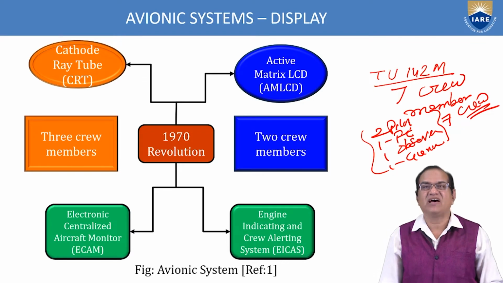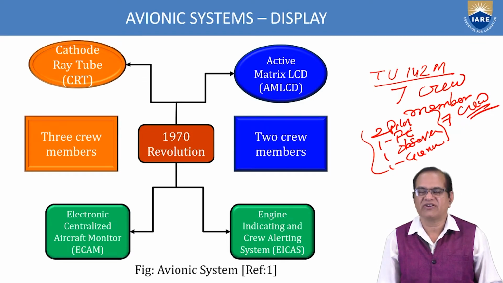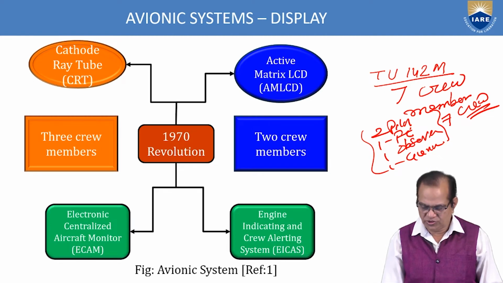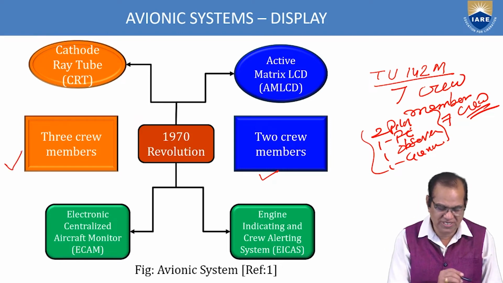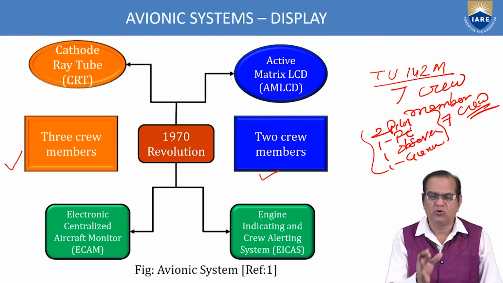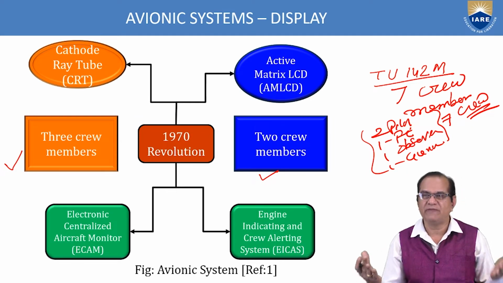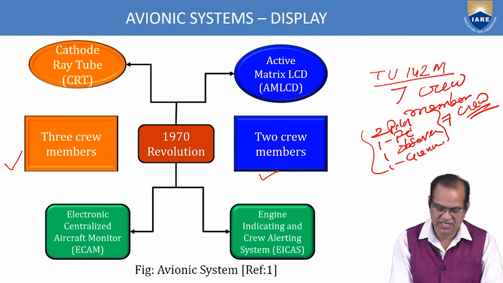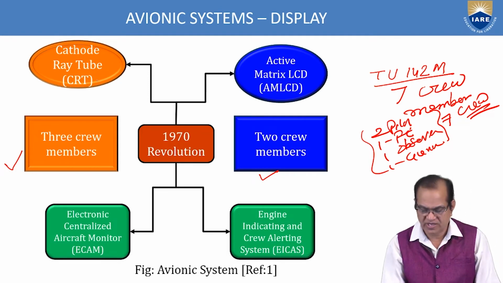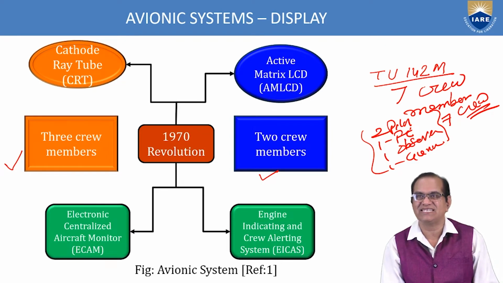But as of now, if you see all the modern aircrafts, most of the time they have only 2 pilots. Previously there used to be 3 pilots: 2 pilots, 1 flight engineer. So now this has been reduced due to the display system. In this zone, if you see, cathode ray tube CRT were used. Now it is active matrix LCD, called AMLCD. Active matrix LCDs are used.